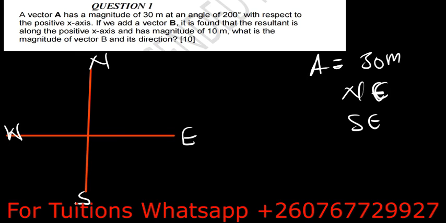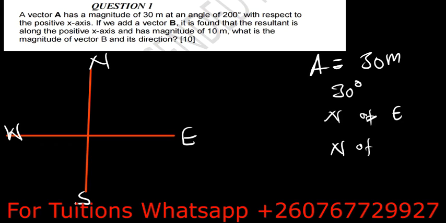Now I'm going to talk about another set. What if we say we have got the angle, let's say 30 degrees north of east. Sometimes we can say north of west, sometimes south of west, sometimes east of south, or south of east.